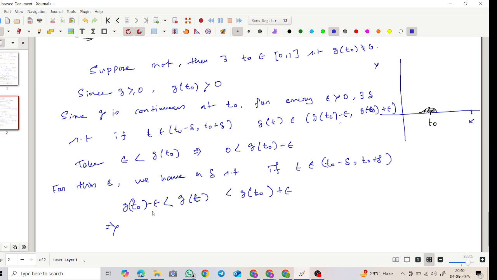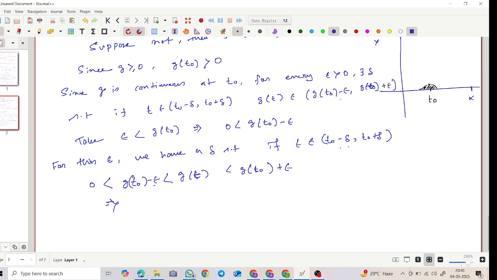But we have seen that this is greater than 0. So g(t) is always positive when t is in this neighborhood. Here this is t naught, this is plus delta and this is minus delta. So this is the neighborhood.